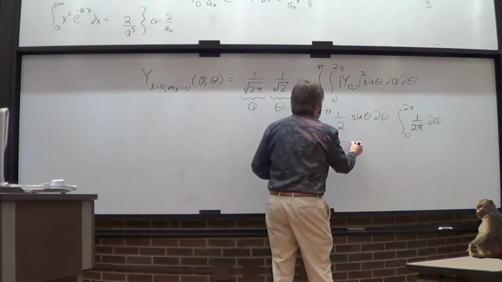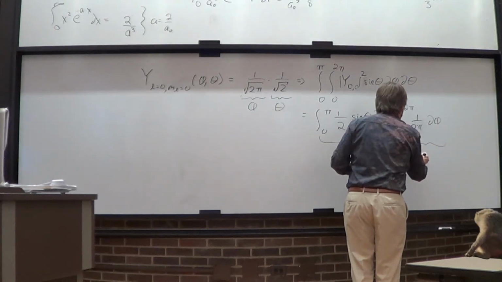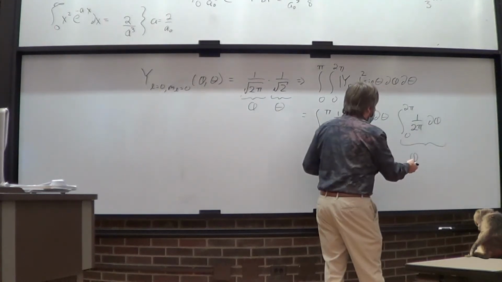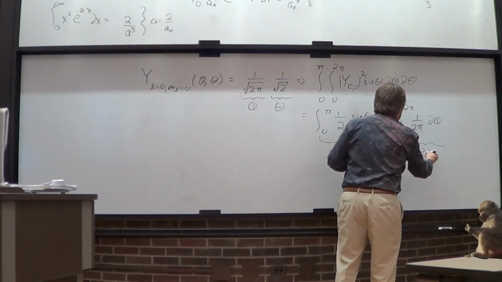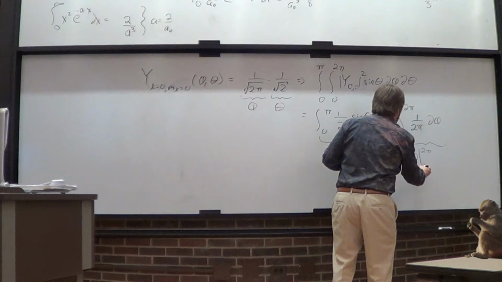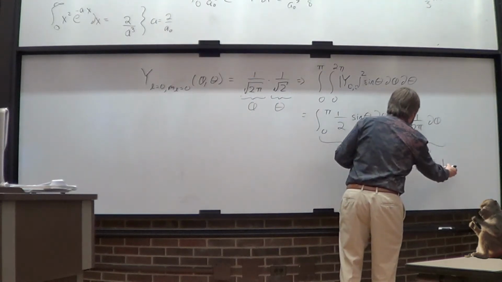Okay. Now let's look at it. Now again, this guy ends up being, the integral of nothing is just the thing, 0 to 2 pi. Okay, ends up being 2 pi over 2 pi minus 0, so that's 1.